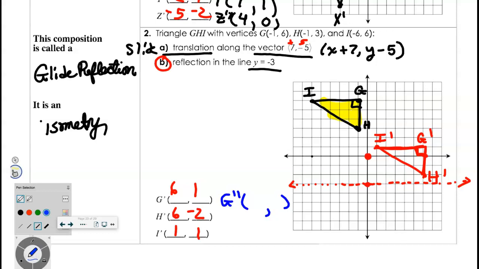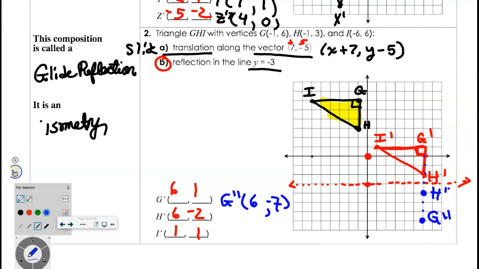Okay, so I'm going to walk to that line of flippage. 1, 2, 3, 4 to get there. When I fold my paper over it, it'll be 4 away, over here. It's still 6 to the right, but it's now 7 down. That's my new G. My new H is 1 away from the reflection line.